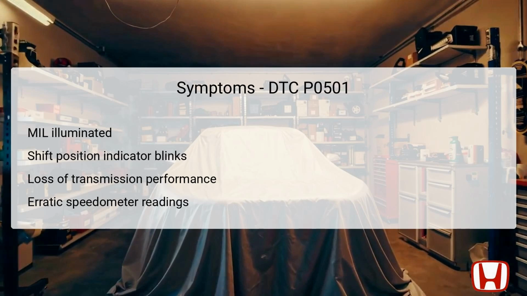Drivers may also experience a noticeable loss of performance in the transmission, such as difficulty in shifting gears or a delay in acceleration. Additionally, erratic or inaccurate speedometer readings can occur, making it challenging to assess the actual vehicle speed. If these symptoms are observed, it is essential to proceed with diagnostics to identify and rectify the underlying issues.